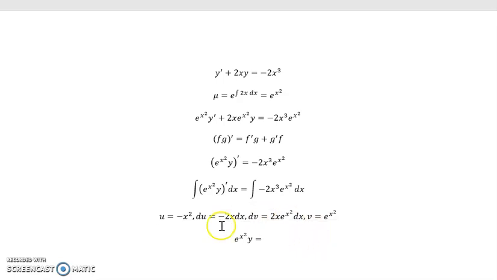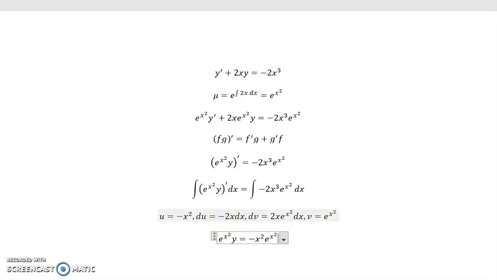Okay, so now applying my integration by parts rule, u dv is going to be negative 2x e to the x squared... negative x squared. So u is here, and then v is here, so uv minus the integral of v du.